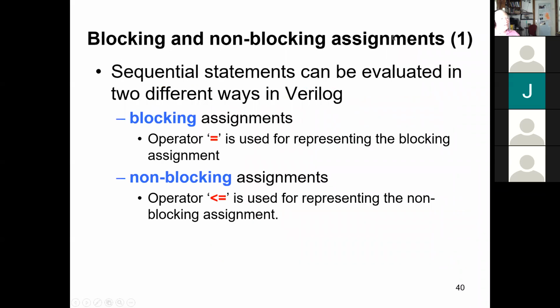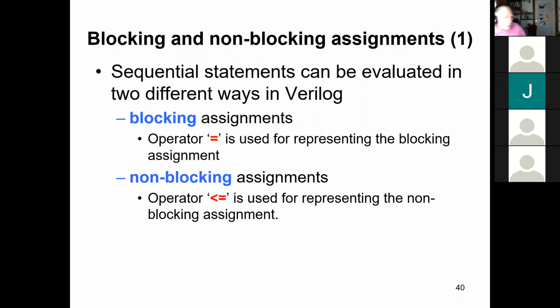All right, blocking and non-blocking. I mentioned this earlier, and here we have it. Sequential statements can be evaluated in two different ways in Verilog. Okay, sequential statements. That means we're only talking about stuff in always blocks now, or I guess initial blocks.